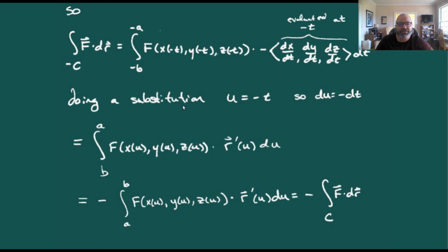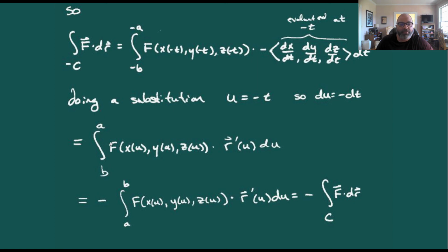If we take this expression and do a substitution with u equal to negative t, so that du is negative dt, then this gives us the integral from, when t is negative b, u is going to be b. When t is negative a, u is going to be a, of f of x of u, y of u, z of u, dotted with r prime of u du.